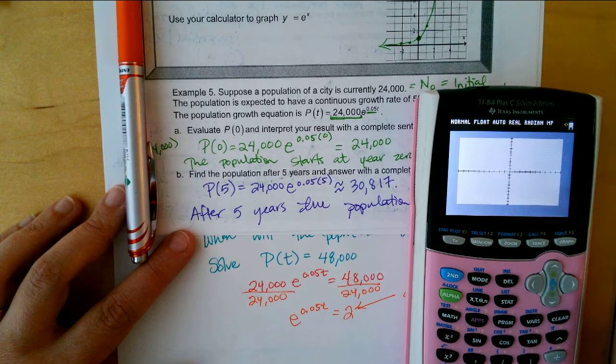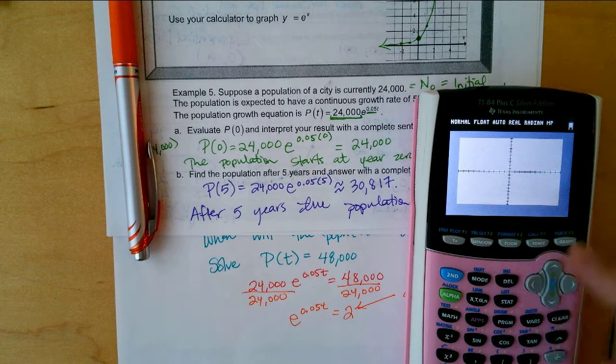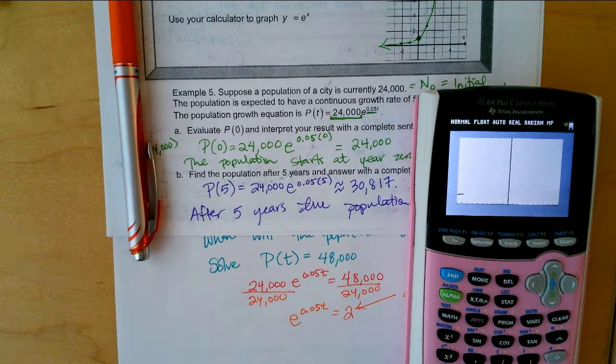Now, if I graph that, first of all, I'm not seeing anything on my screen whatsoever. Why do you guys think that is? Oh, the y-intercept is 24,000. So it's not even going to start here. I would have to change my window and include at least 24,000 on my y-axis. So let's go up to 100,000 on our maximum, and then press graph.